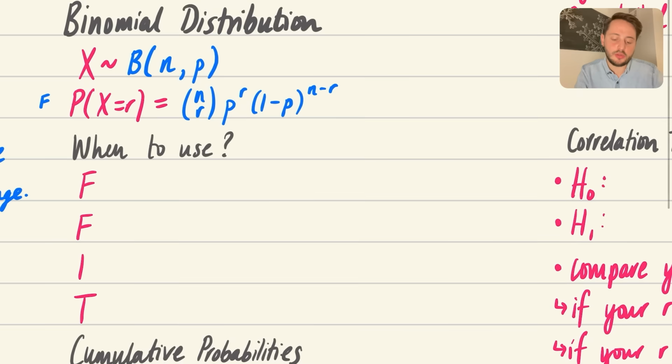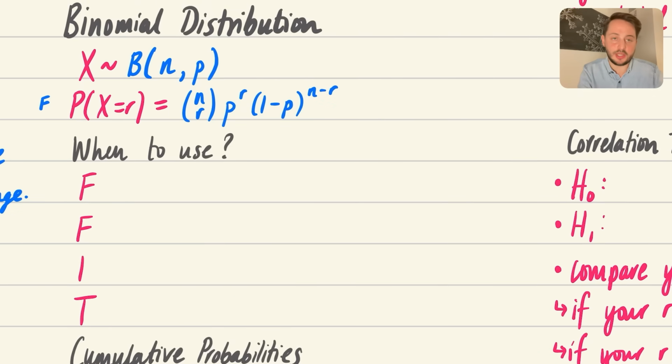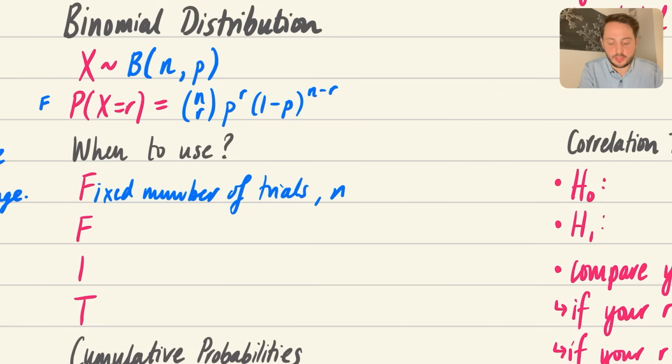So when can you use a binomial distribution? Again, this is easy marks if you can just memorize this. So I've put FFIT to help us try and remember this. The first one is that there are a fixed number of trials, n. The second thing is that there is a fixed probability of success, and that probability is p.